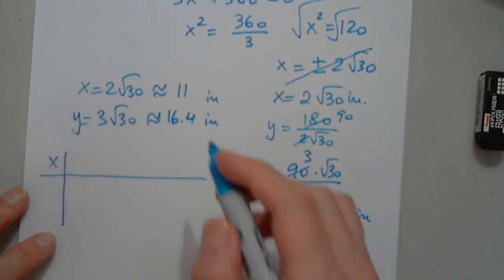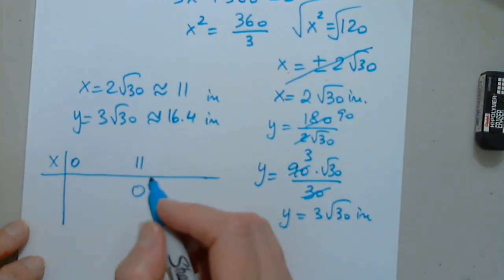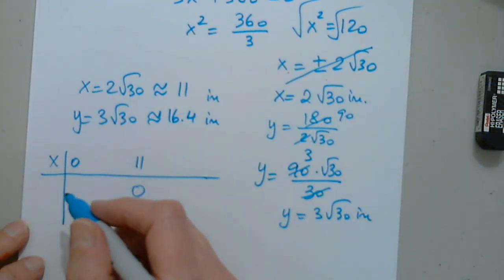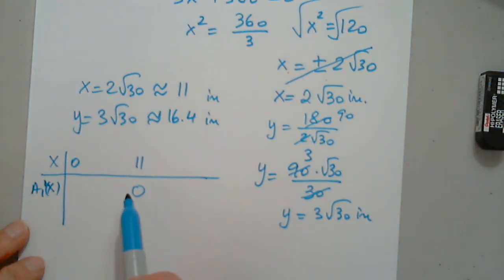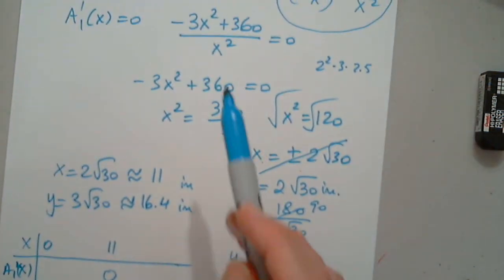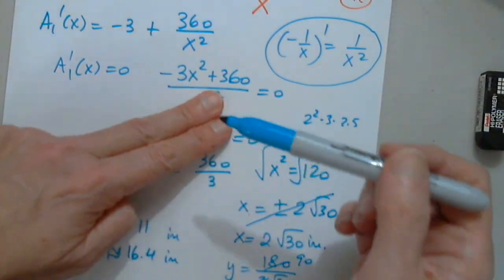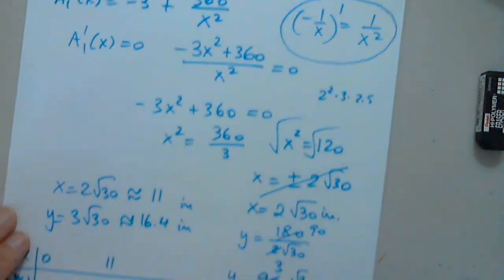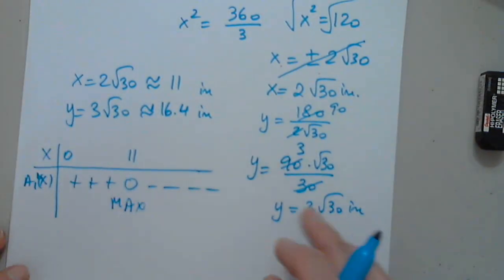I have to show and convince you that this gives a maximum. A1 prime of x. Where's my function? My function is right here. On the left it will be positive, on the right it is negative. So this is definitely a maximum.